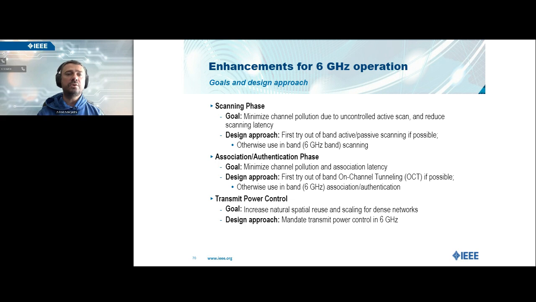And of course, transmit power control, not only from a regulatory perspective, since that is going to be required, but also for increasing the natural spatial reuse and scaling for dense networks, which is essentially achieved by mandating an existing transmit power control mechanism in the 6 gigahertz band.